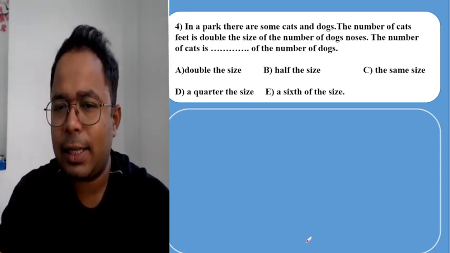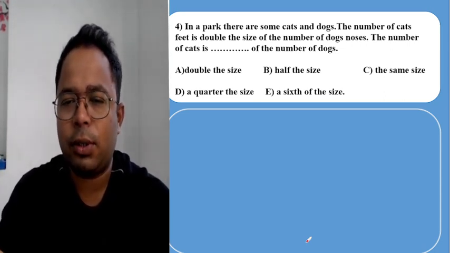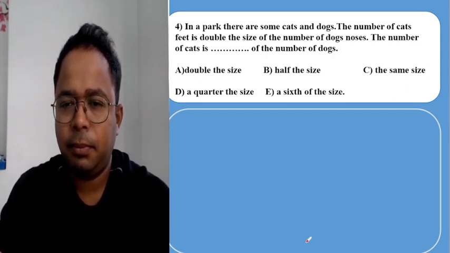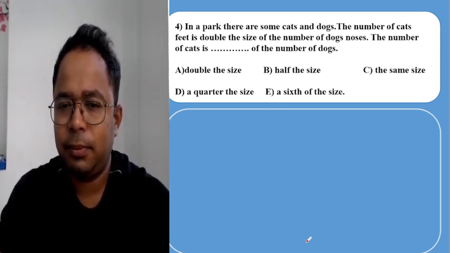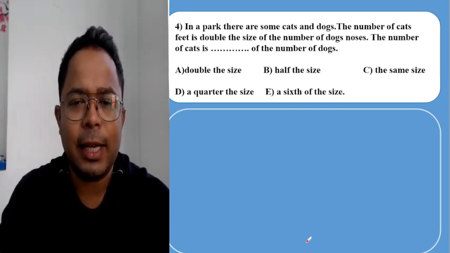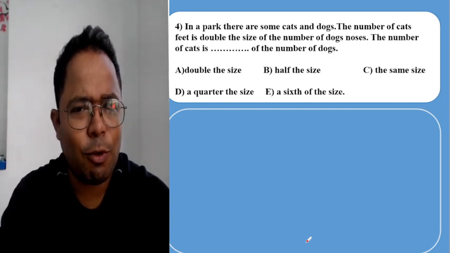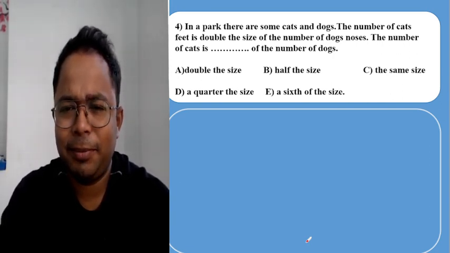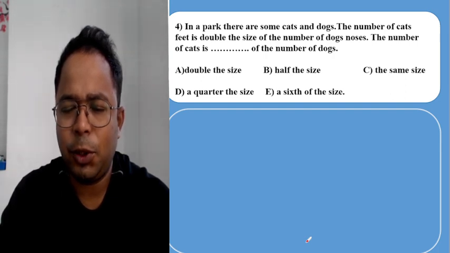The number of cats is dash the number of dogs. What do you find? Is it double the size, half the size, same size, quarter size, a sixth of the size? What do you find?